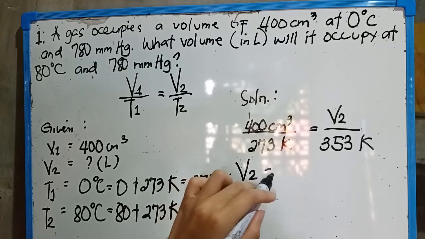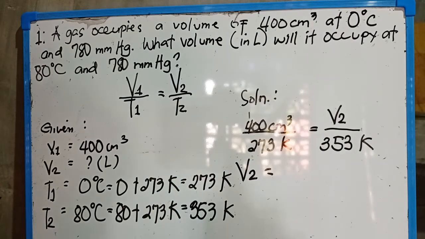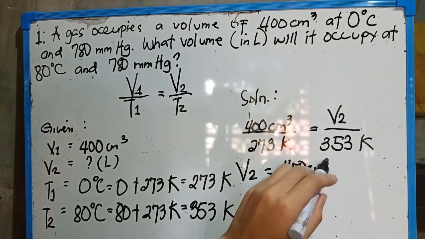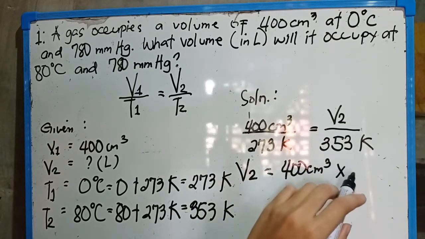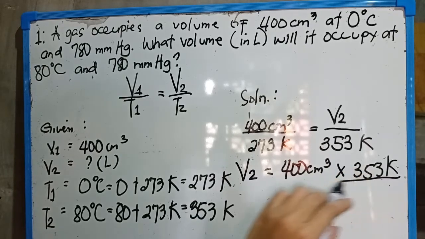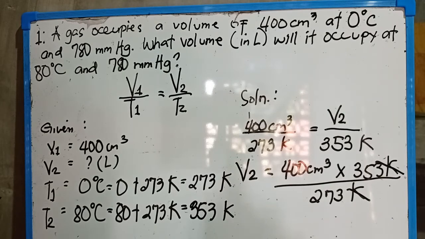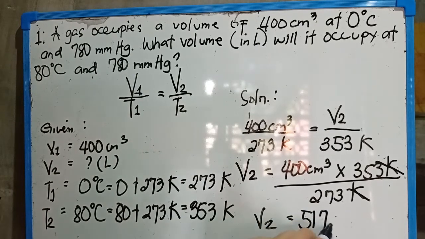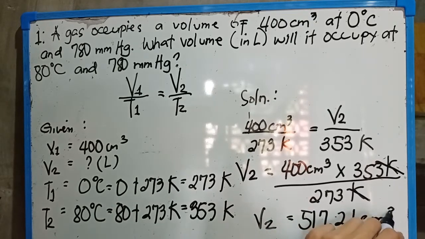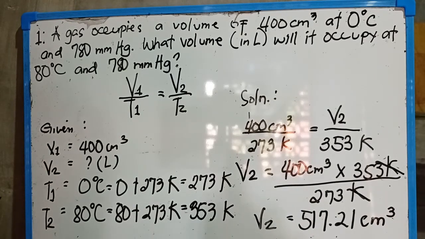So, transposing, volume 2, which is our unknown, equals our initial volume multiplied by 353 Kelvin divided by 273 Kelvin. The Kelvin cancels out, and what remains is cm³. So, 400 multiplied by 353, then divided by 273, is equivalent to 517.21 cm³. But what we are looking for is liters.